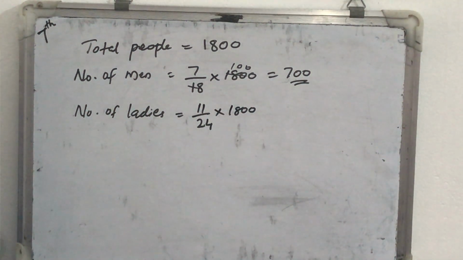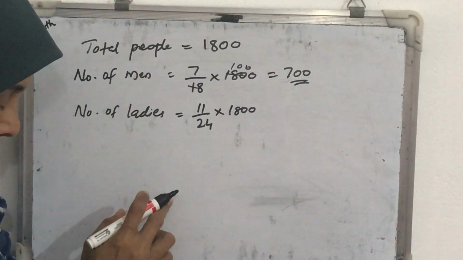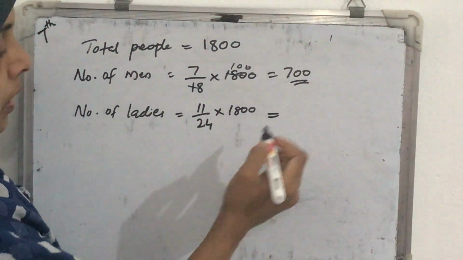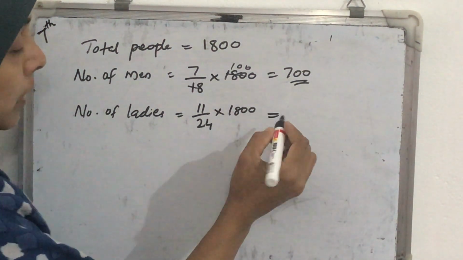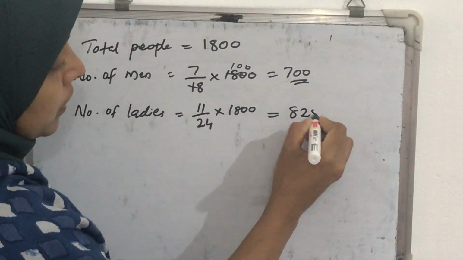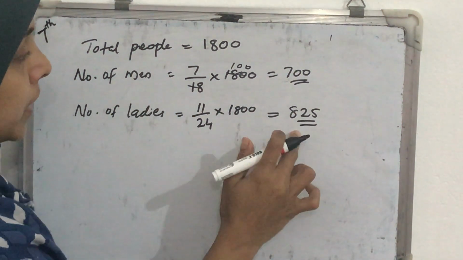After simplification, do this simplification in the working column and you will get the answer as 825. Now we have the number of men and the number of ladies.